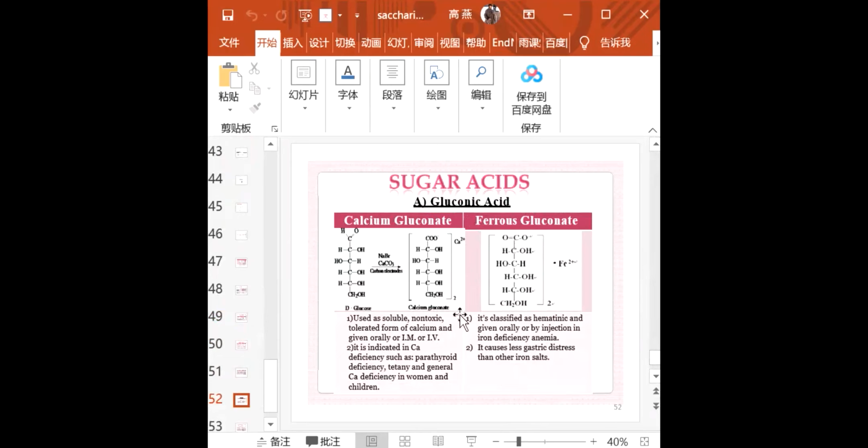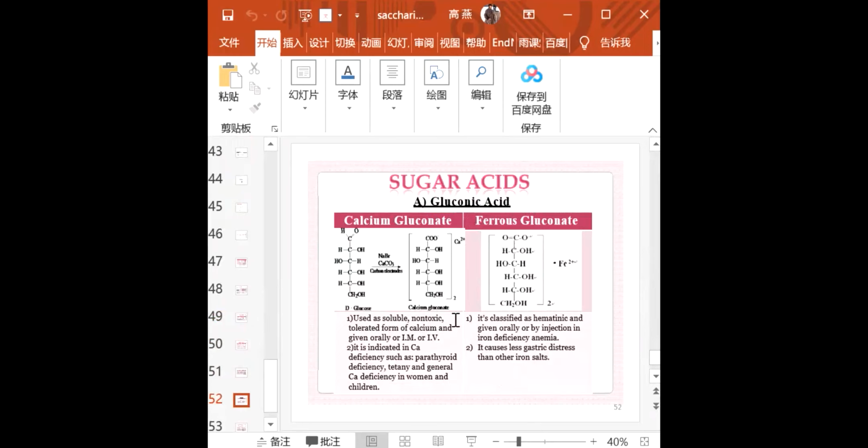When glucose is oxidized to gluconic acid, and in this calcium carbonate condition, it will combine the calcium ion to form calcium gluconate. And what's this used for? It's actually used as a soluble and non-toxic, well-tolerated form of calcium supply.